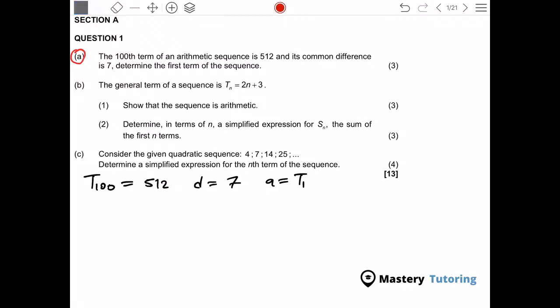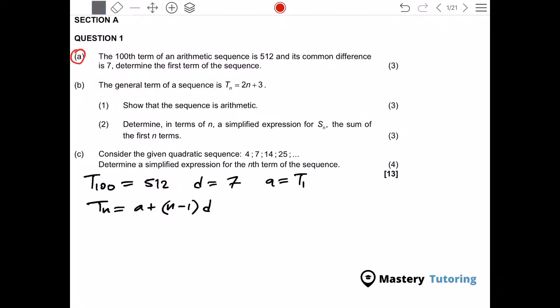Before we can find the first term, we need to decide which formula we're going to use. The general formula for an arithmetic sequence is Tn equals A plus n minus 1 times D, where D is the common difference, A is the first term, Tn is the term and n is the term number.